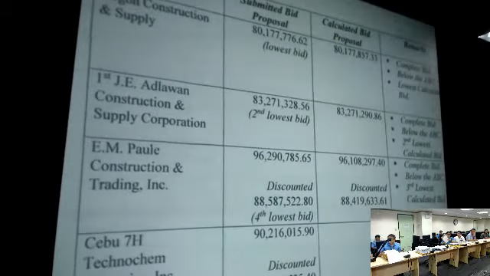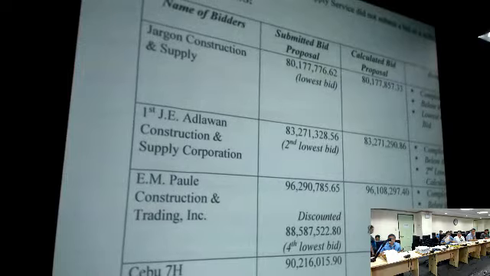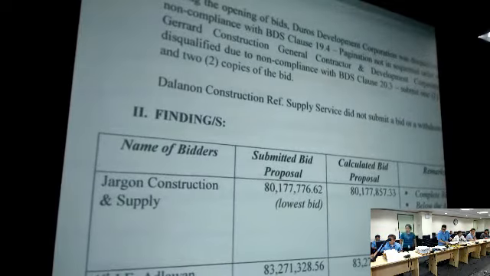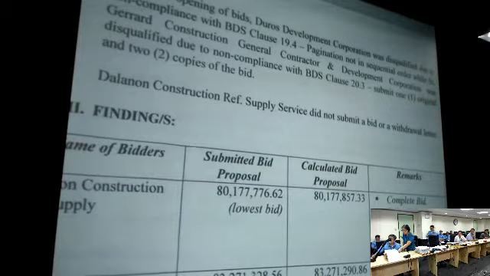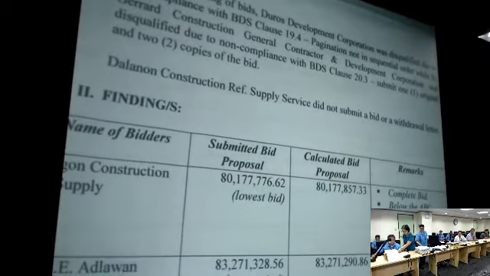However, sir, during the opening of bids, St. Gerard and Burus were disqualified. Burus, sir, is for non-compliance with BDS Clause 19.4, the pagination.